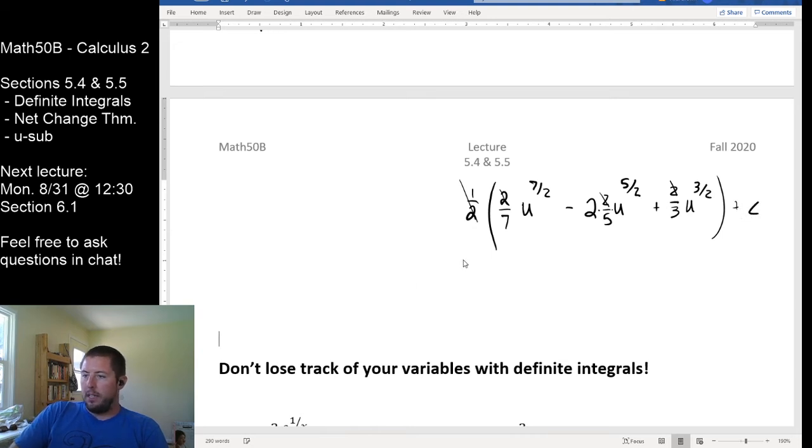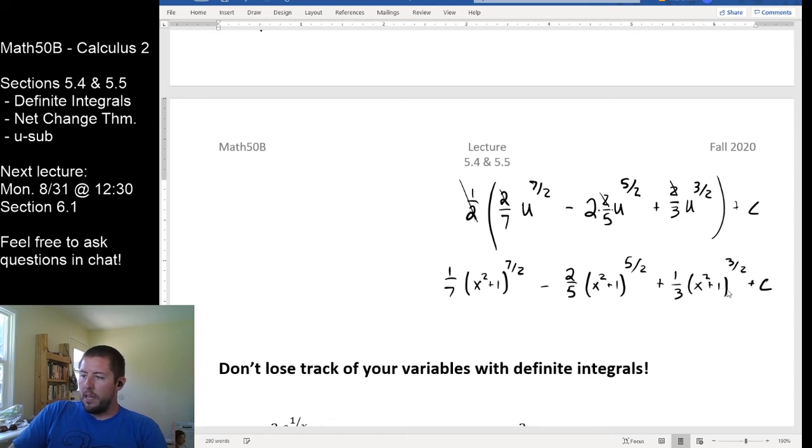My final answer here is going to be, I've dealt with the 1/2, so I've got 1/7 (x squared plus 1) to the 7/2 minus, I've still got left here a 2/5 (x squared plus 1) to the 5/2 plus 1/3 (x squared plus 1) to the 3/2 plus c.